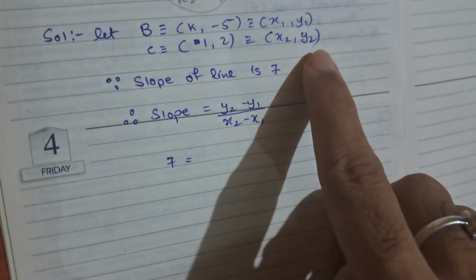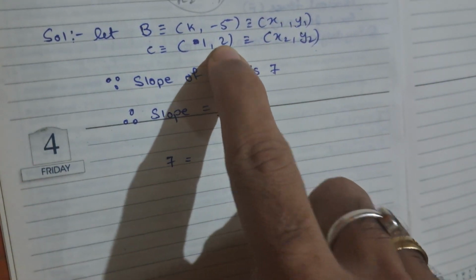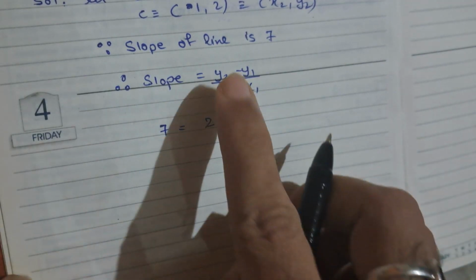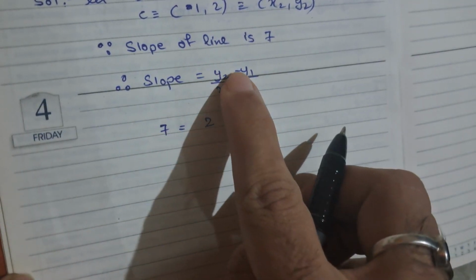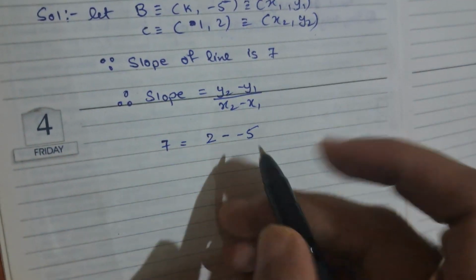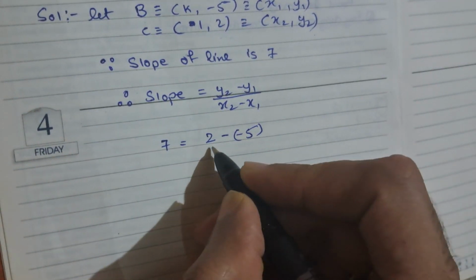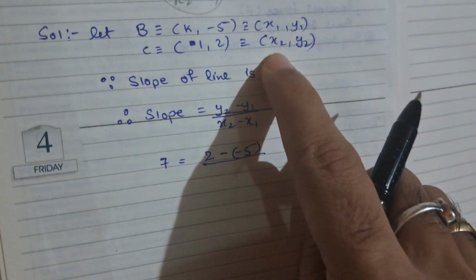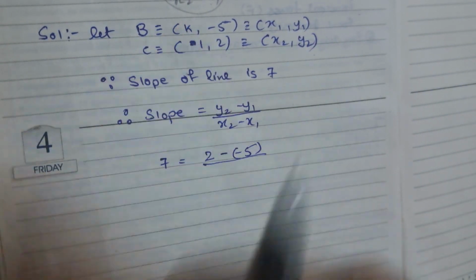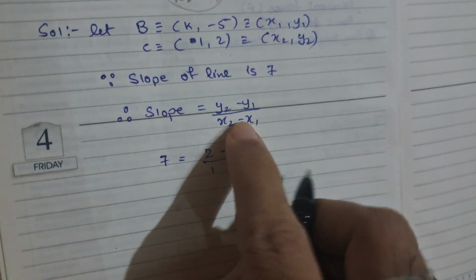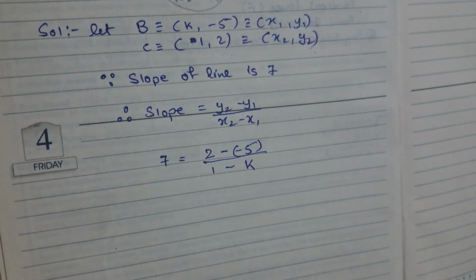It is 2 and -5. So let's put 2 and -5, and I need to subtract them. Since there are minus signs coming together, let me put a bracket. Then x2, x1 is 1 and k. I will write 1 and k, and I need to subtract them.